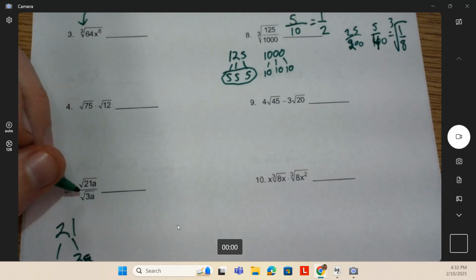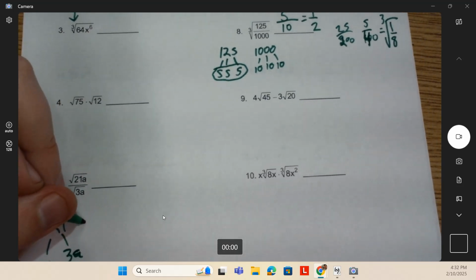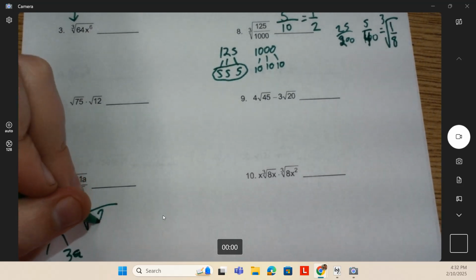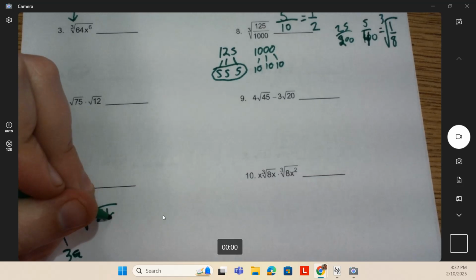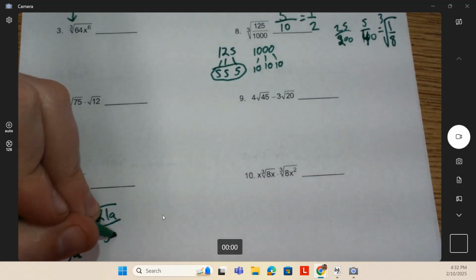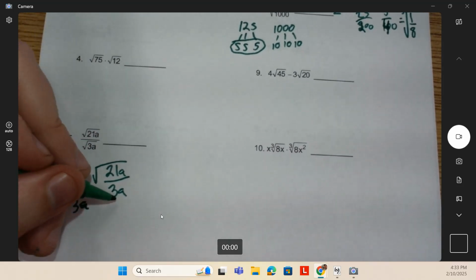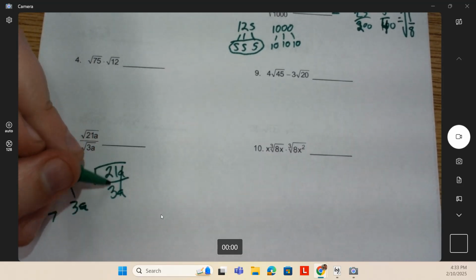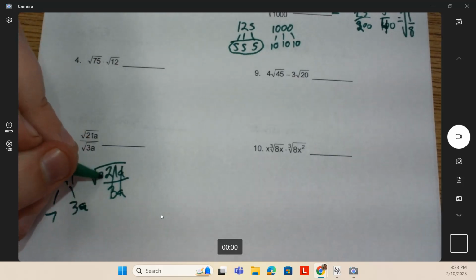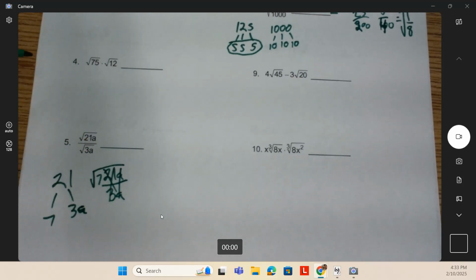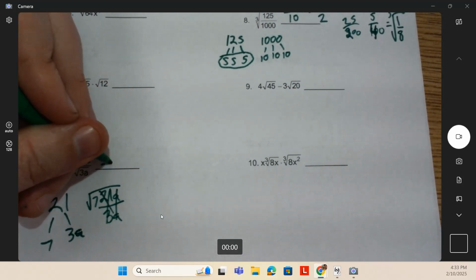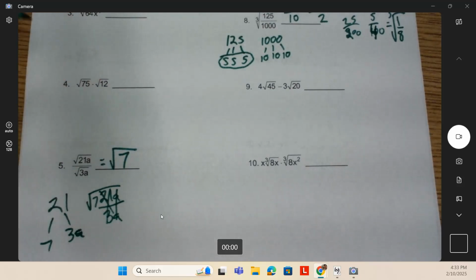In this instance, though, it makes a lot more sense to combine them inside, say 21a over 3a. Then the a's cancel out. 21 divided by 3 gives me 7. So I would just very quickly simplify it to the square root of 7.